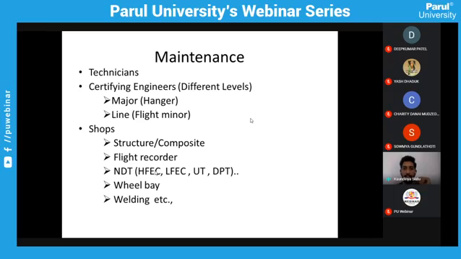Particle testing, dye penetrant testing, fluorescent. I think last session your senior said they have seen the fluorescent. So dye penetrant testing and all those things, you should be knowing.